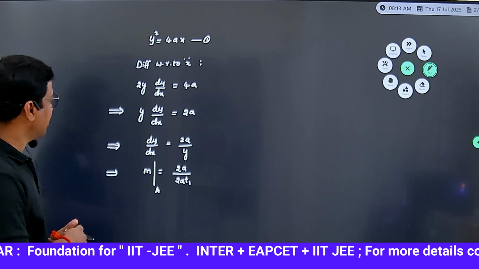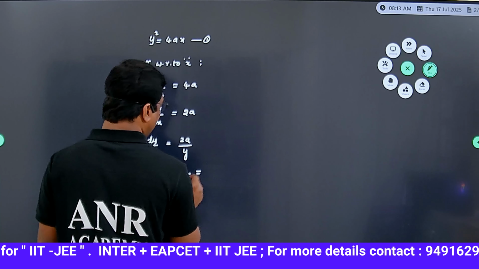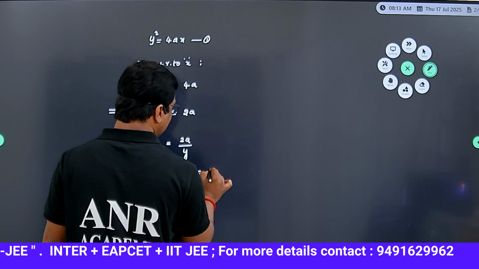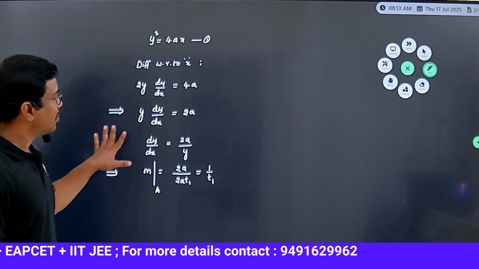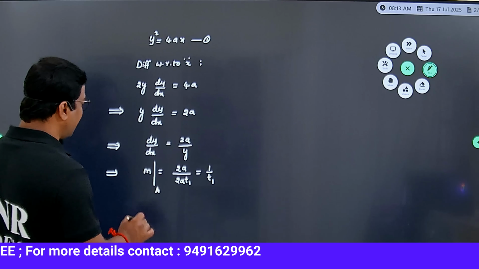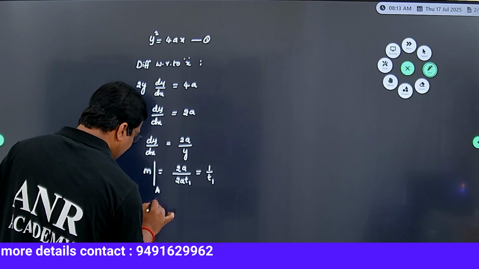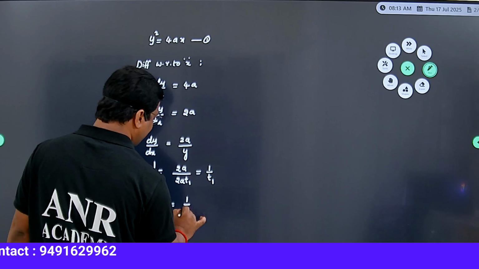Therefore 2a gets cancelled and we get 1 by t1, that is slope of tangent at the point A. Similarly, slope at point B becomes 1 by t2.